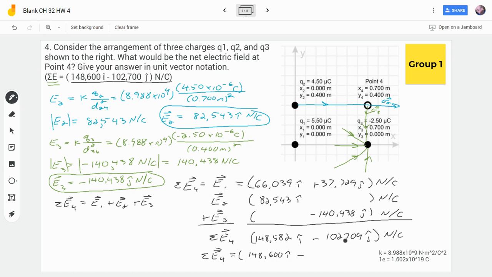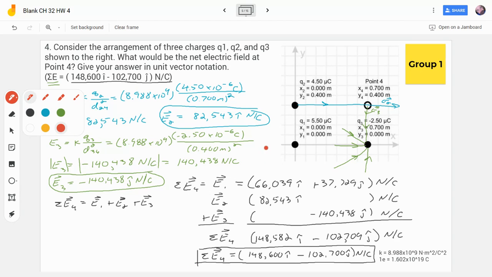And over here, we're going to have minus 102,700 j hat, newtons per coulomb. So put a box around it.